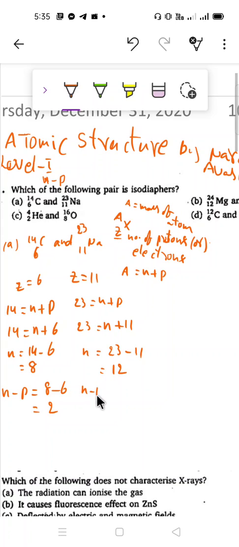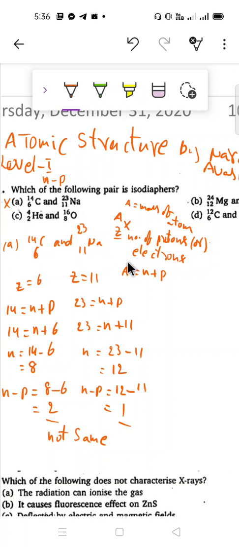N minus P is 12 minus 11, which is 1. So here N minus P is 2 and there N minus P is 1. These are not the same, so these are not isodiapers.